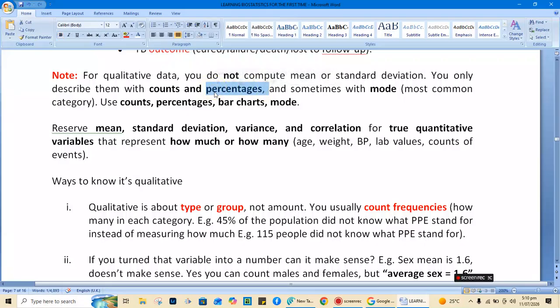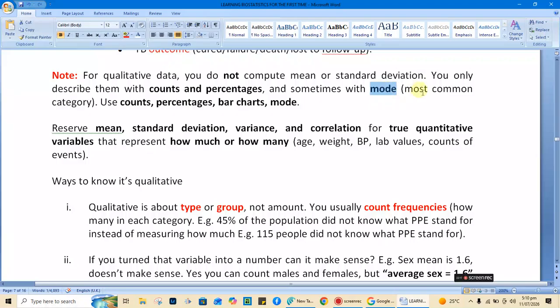It is easier to deal with percentages than to deal with numbers, because if I turn it into a percentage, I can easily say the females in this country are 20%, then you can calculate how many. But if I tell you to count the number of females across the country one by one, are you going to manage? You won't. But percentages are easy to deal with. And then when dealing with qualitative data, you also use the mode.